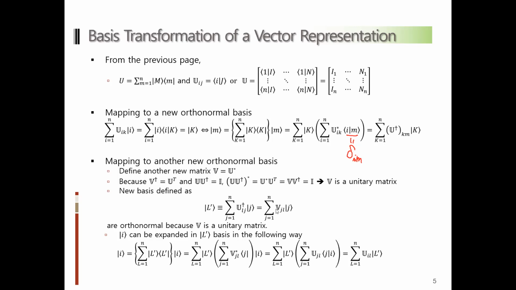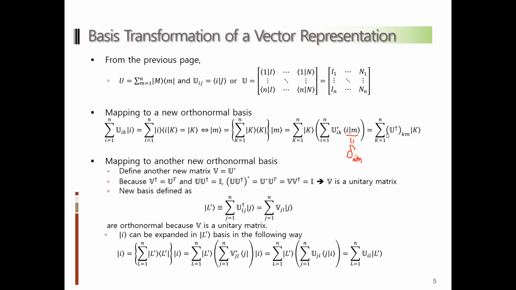So this one is exactly the same as this one, and the result of this combination will also produce the orthonormal basis. So that's how we can know that this kind of mapping will generate another set of the orthonormal basis.